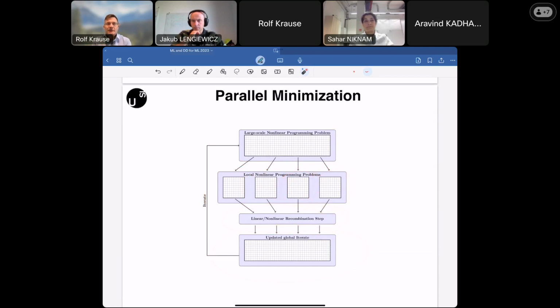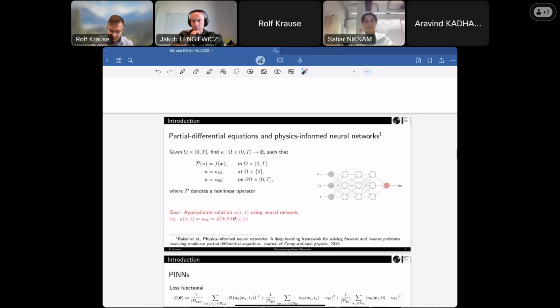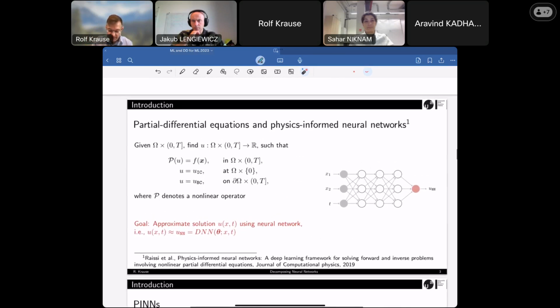And of course, if you wish, you can combine both. You can do a multi-level method in parallel, or you can do this domain decomposition. Or what you also know from PDEs, if you do domain decomposition, you need a coarse space in order to improve convergence a little bit.